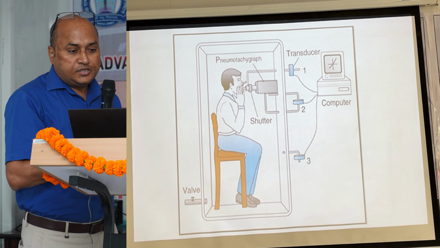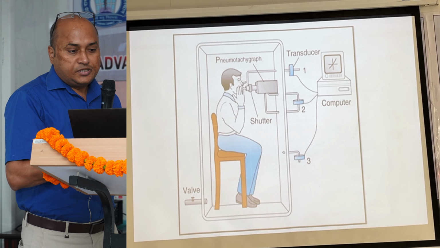When we inhale, because the box is an airtight container, the gas in the thorax increases. The gas in the lung increases, and that is reflected in the cabin pressure and the cabin volume.